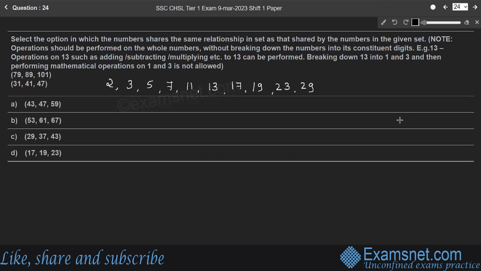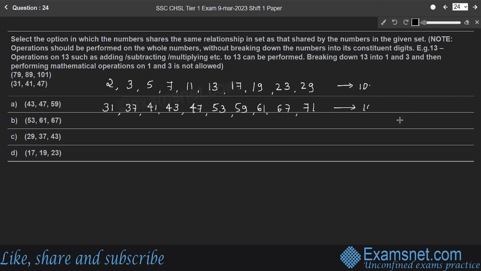So we'll take the first 10 numbers. After 29, we have 31, a prime number, 37. Next comes 41. After that 43. Next comes 47. These are the numbers divisible by 1 and the number itself. So 59, next comes 61, 67, next comes 71.